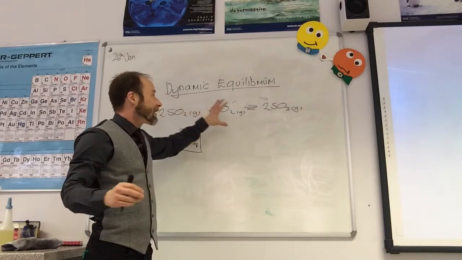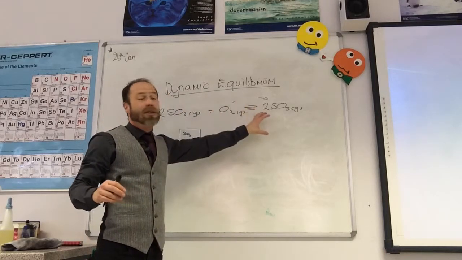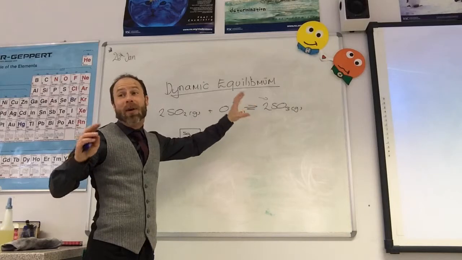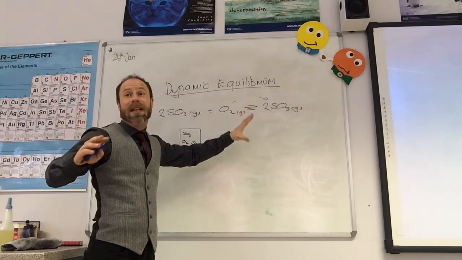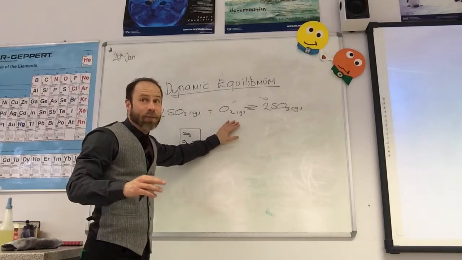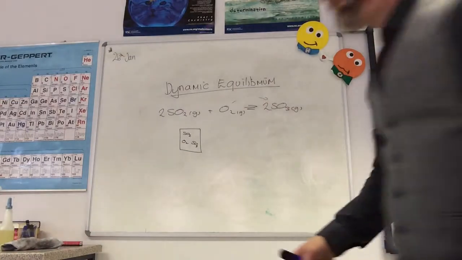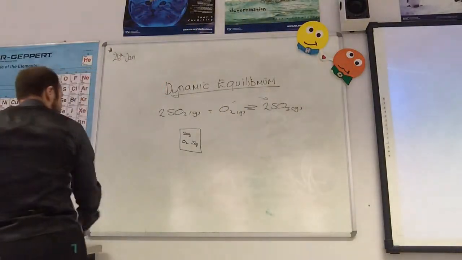So if I measure the concentration of SO2, O2 and SO3, they are always the same. So I can wait for hundreds and hundreds of years, nothing will change once I've reached equilibrium.